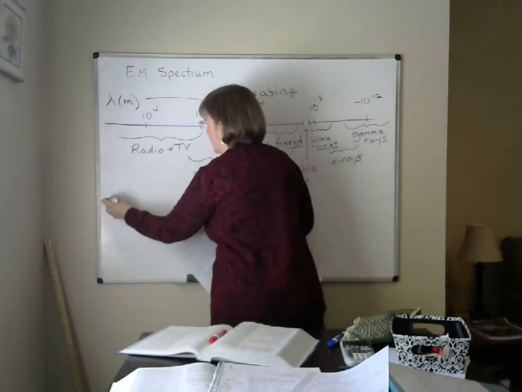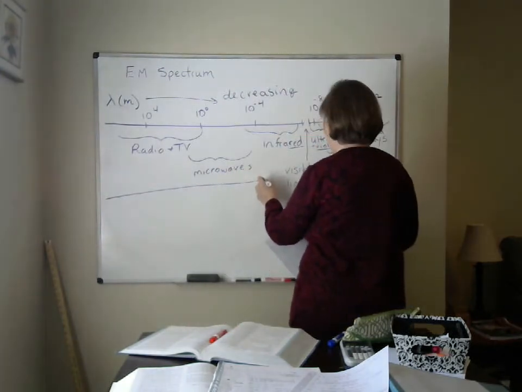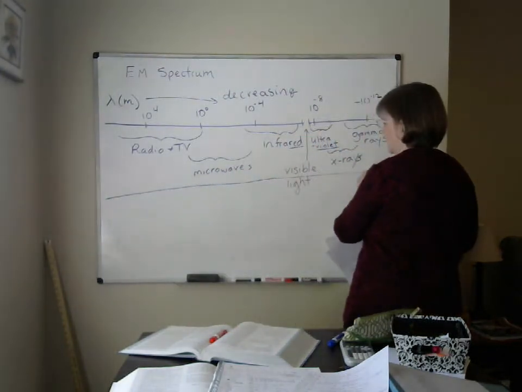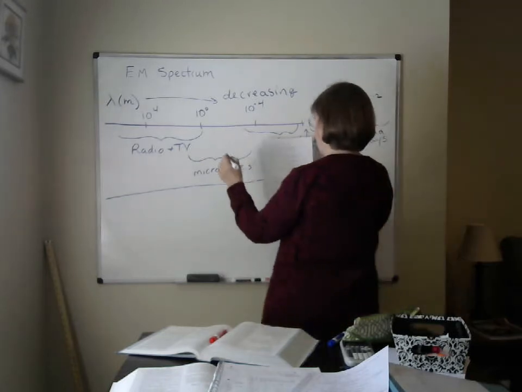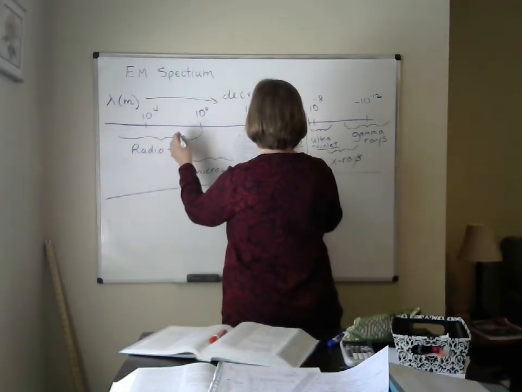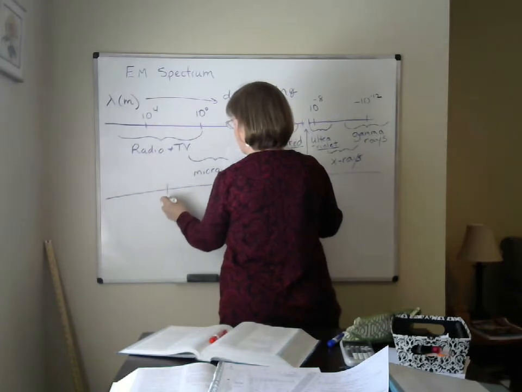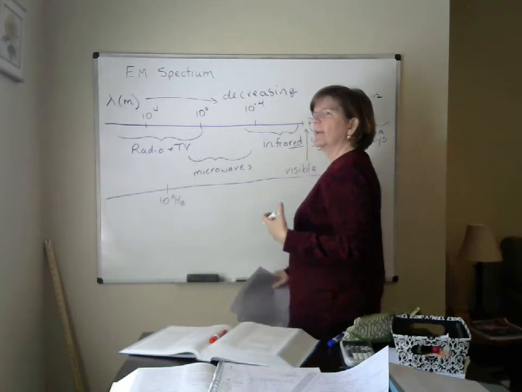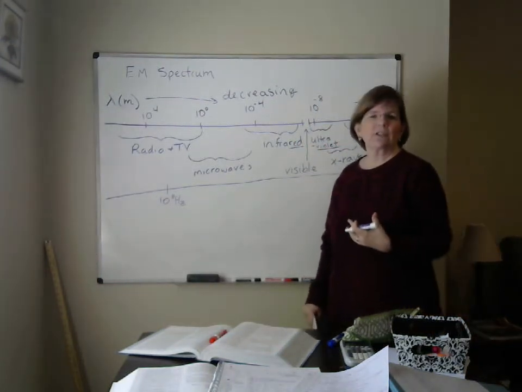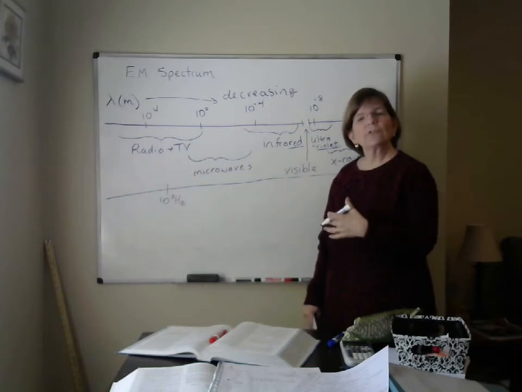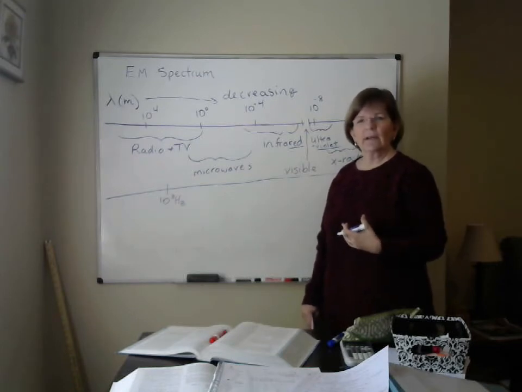If we come down here and we think in terms of frequency, I'm just going to erase the word light. Our frequencies around here, let me get this in. This is probably around 10 to the 6 hertz. 10 to the 6 is a megahertz. Many of our FM radio stations have broadcast frequencies in the range of megahertz.